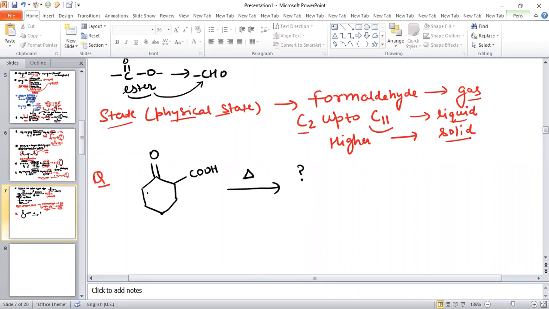As you know, this is the decarboxylation reaction.